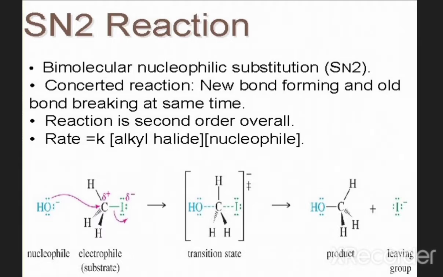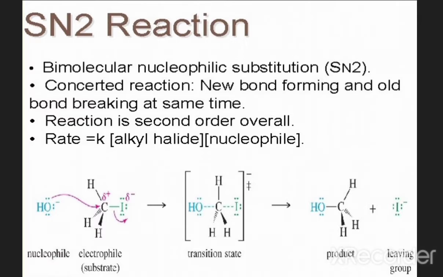So basically in the same step, the new bond is forming and the previous bond is breaking, leading to the formation of the final product. In the SN2 reaction, the leaving group leaves and the nucleophile attaches at the same time, and it forms an unstable transition state that contains both the bond with the nucleophile and the bond with the leaving group.